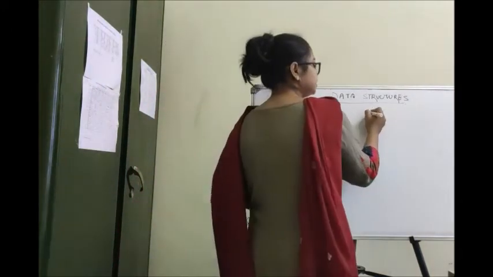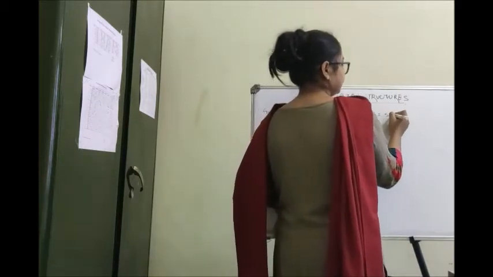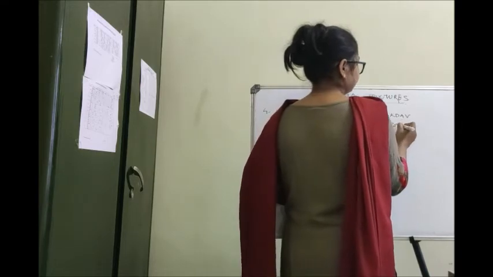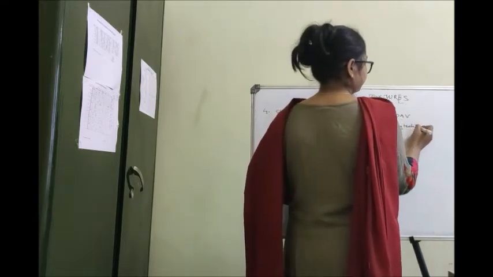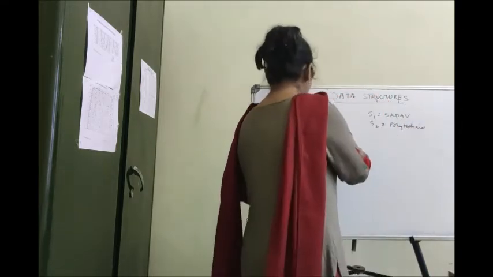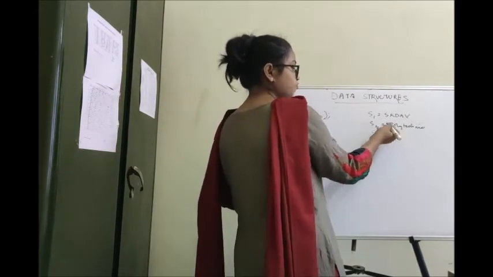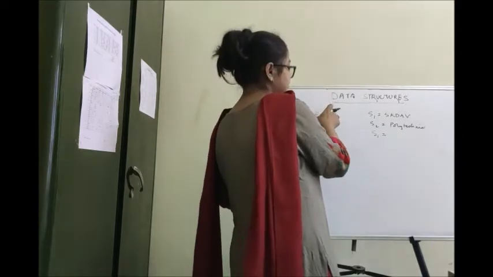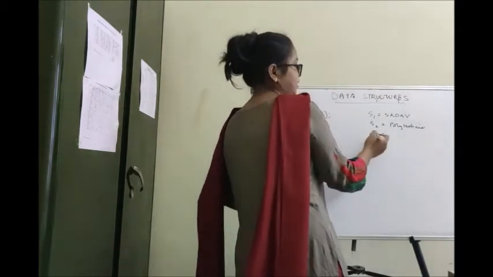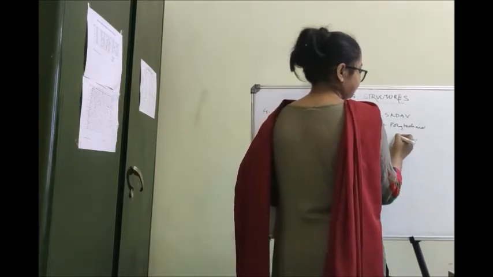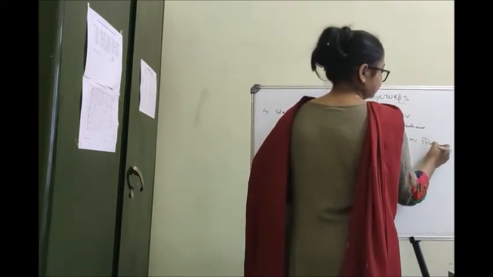Suppose my S1 is skdav, S2 is polytechnic. Now strcat S1 and S2 will result in string 1. In string 1 itself the resultant string is copied. String 1 will be changed to skdav polytechnic.